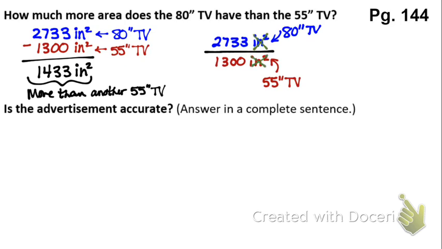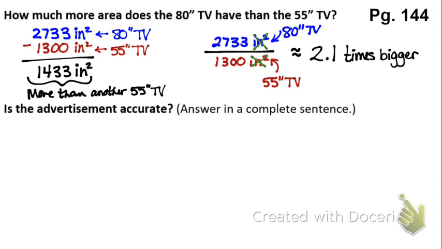And so then I just divide those two numbers. I know it doesn't come out pretty, but it comes out to about what? 2.1 times bigger. That would be another way of saying that it's more than twice as big. We got a number that was bigger than 2. Absolutely. Great ways to think through this.